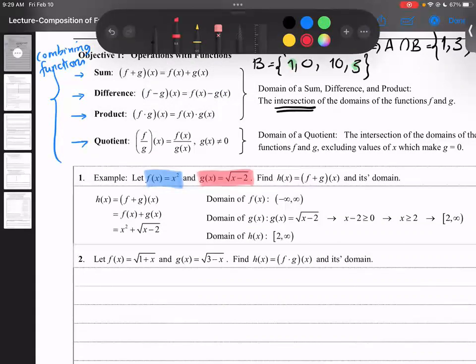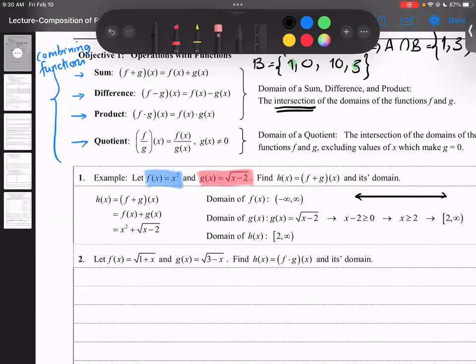And I have g of x, a bit more picky. It only takes what values? Either positive or at least 0, right? I'm talking about real numbers, not imaginary numbers. So I have one function that takes everything. Let me demonstrate it with the number line.